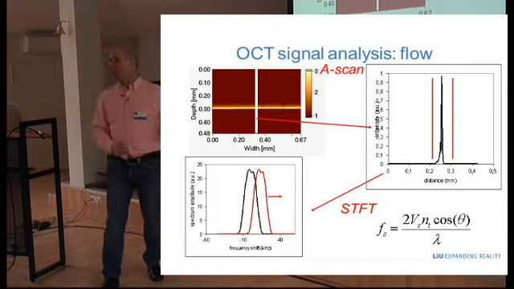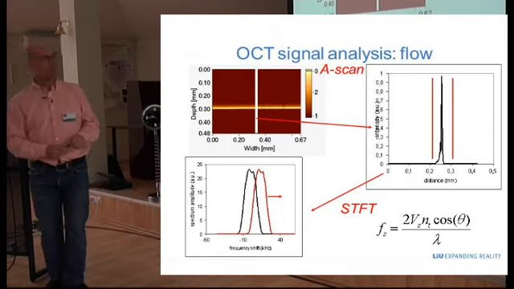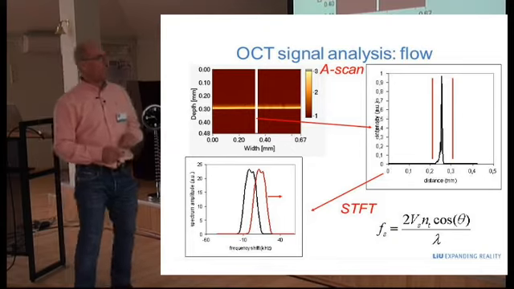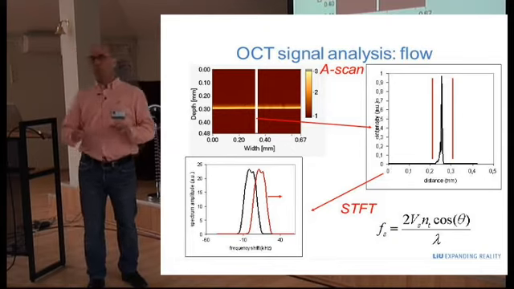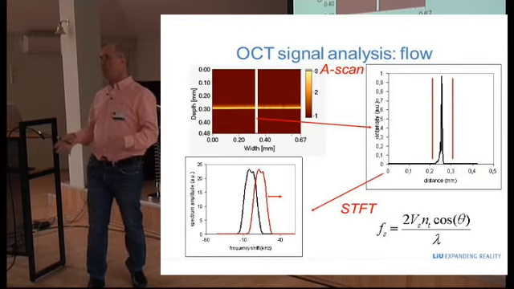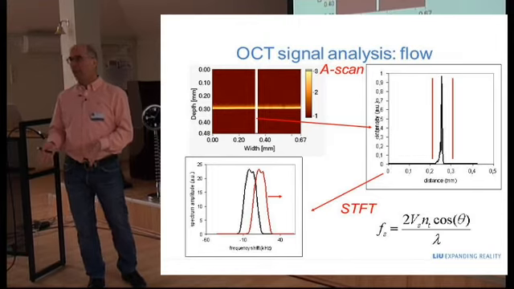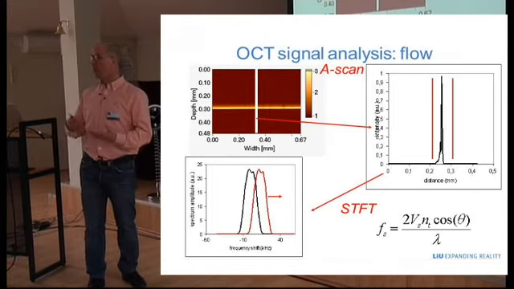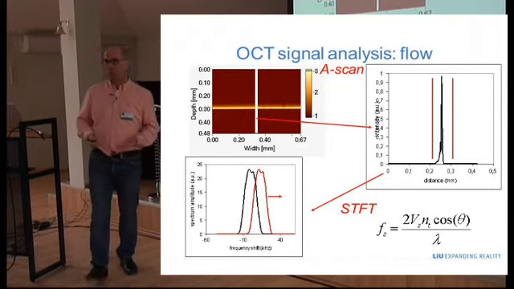Which means that if you are able, by using short Fourier transforms, you can detect the Doppler shift, and you can get both a transversal, two-dimensional section and, superimposed on that, temporal data, displaying the perfusion, for instance.